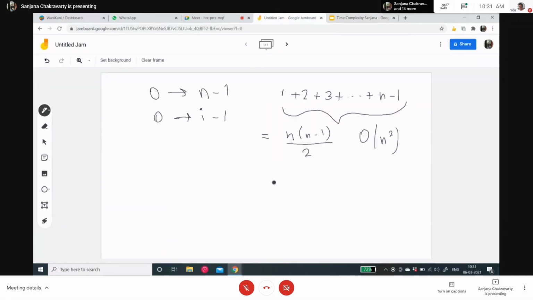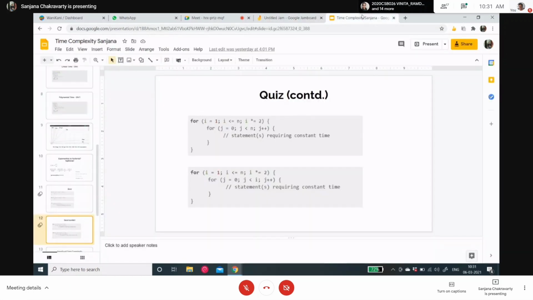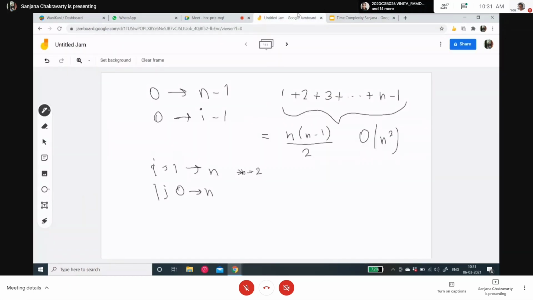So you have i from 1 till n, and it's multiplying by 2 each time. Then you have j going from 0 till n every time, right? So how many times is the j loop running for each iteration of i? It's running n times.